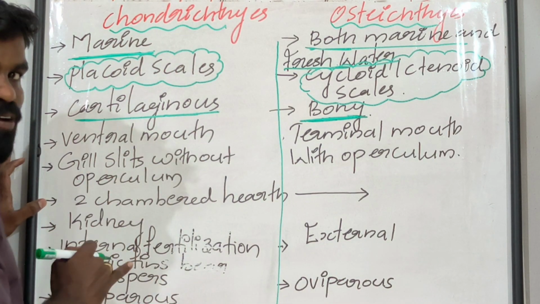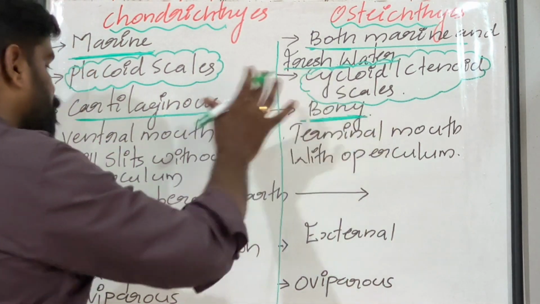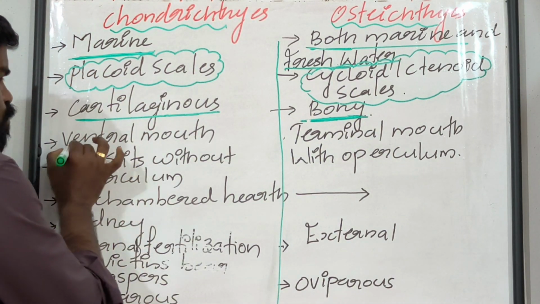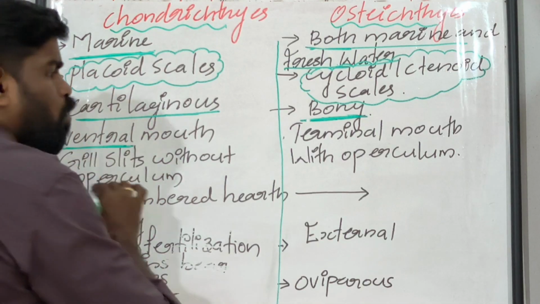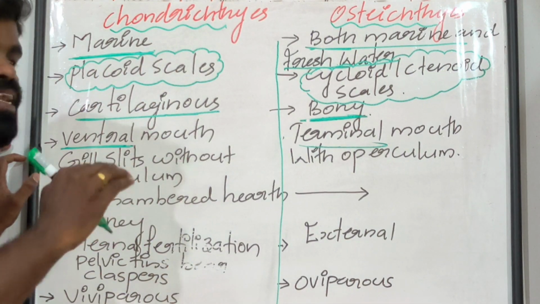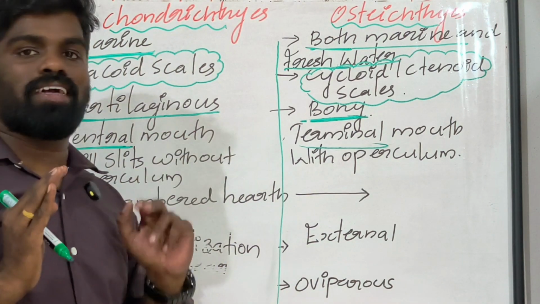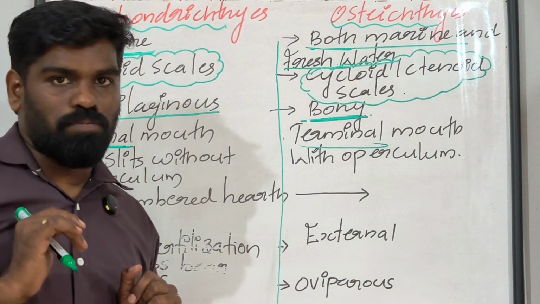See the differences, you have to look at them. Cartilaginous endoskeleton, bony endoskeleton. Now another very important one, see, ventral mouth, terminal mouth. The mouth is ventral in the case of Chondrichthyes. In the case of Osteichthyes, it is terminal. That is also very important.